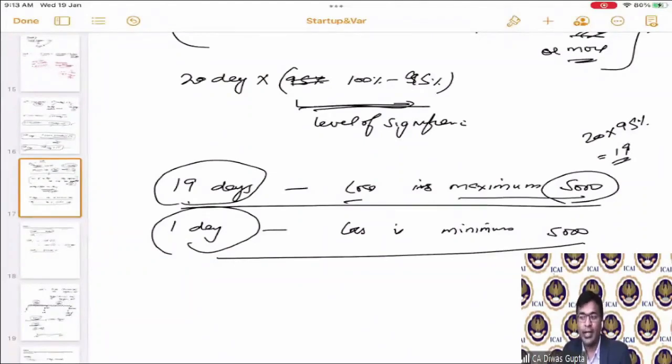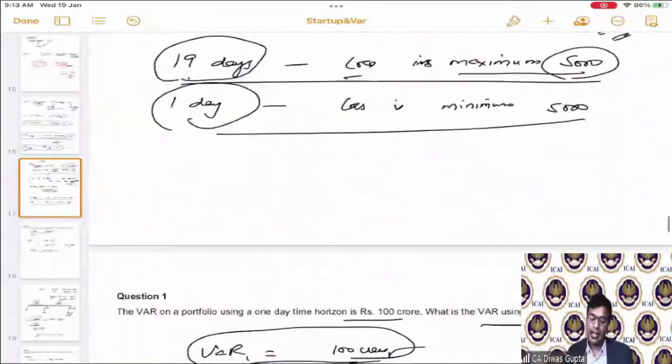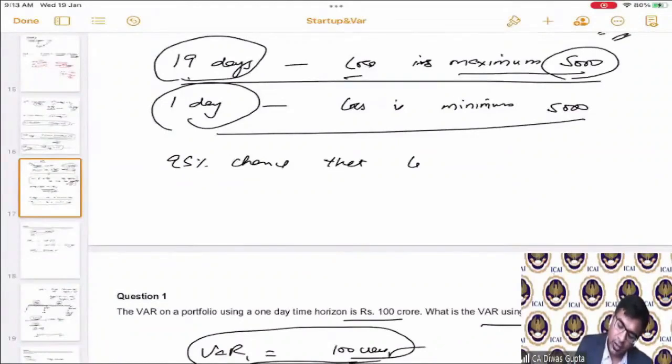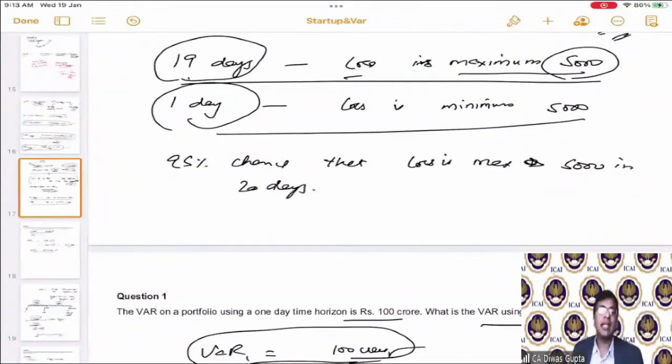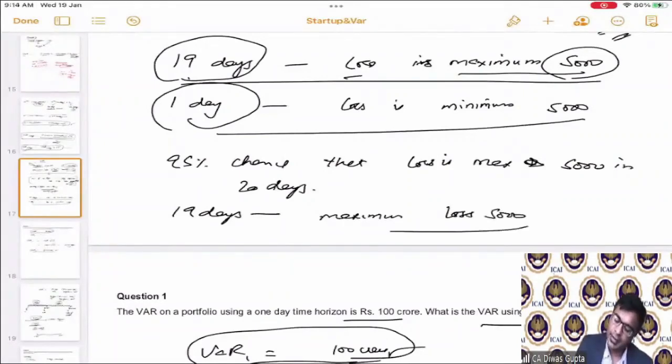Namita, whether you say it the way I told in statement 1 or statement 2, the VaR is for 20 days. But it's just a different way of seeing the VaR. In the first way, you are saying 95% chance that loss is maximum 5,000 in 20 days. I am saying 19 days maximum loss will be 5,000. Simple. That is the only change.